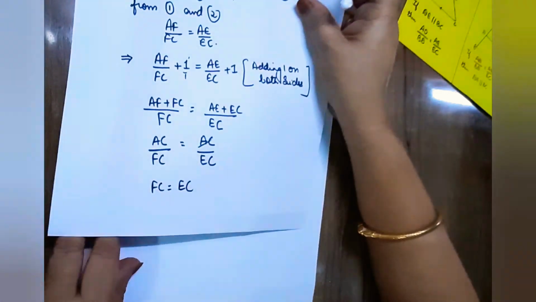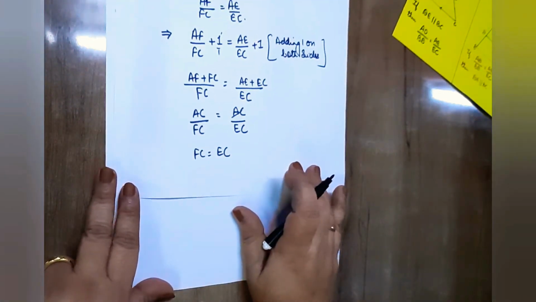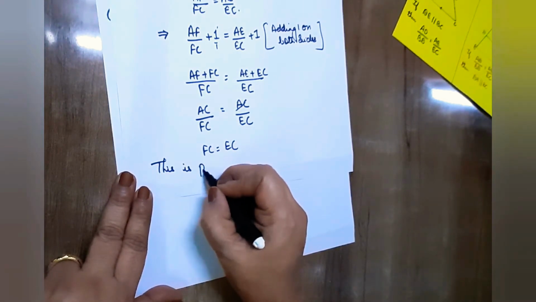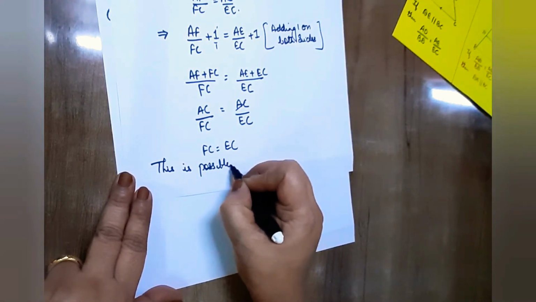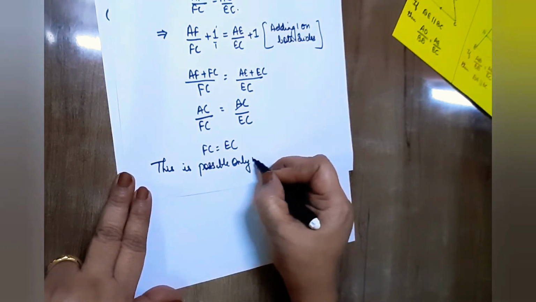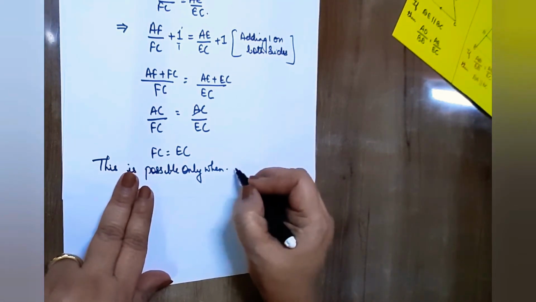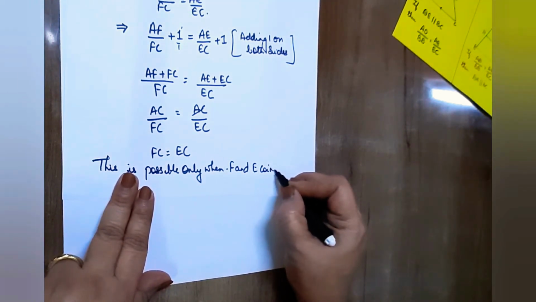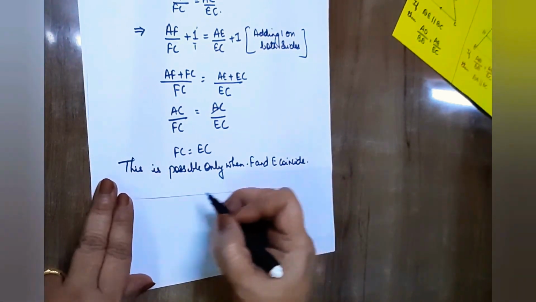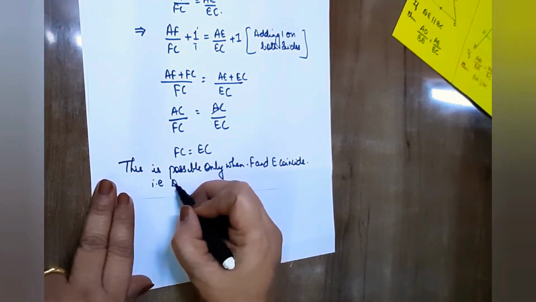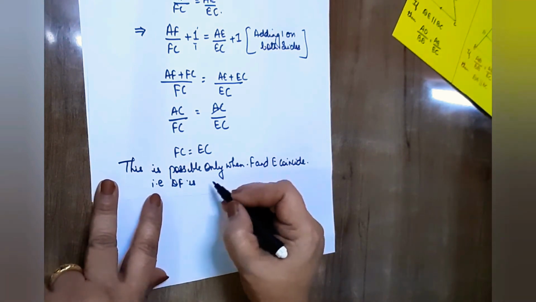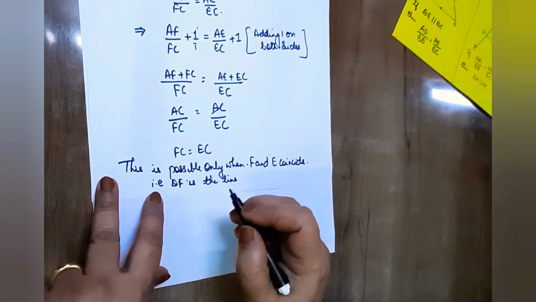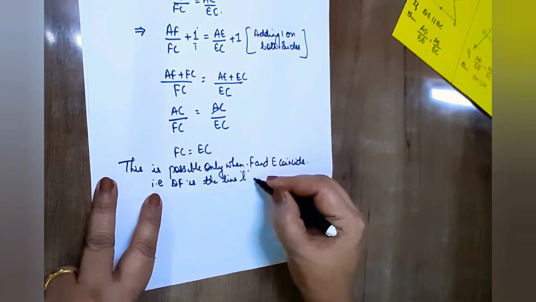We will mention: this is possible only when F and E coincide, that is, DF is the line L itself.